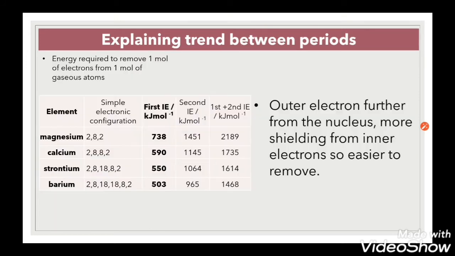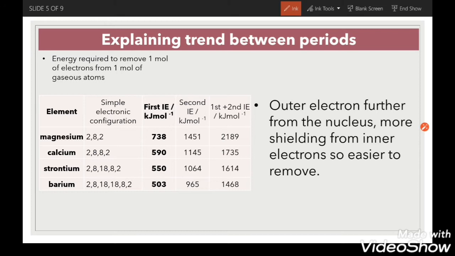So, as explained on the previous slide, the outer electron is further from the nucleus. The 1 electron that we're removing for the first ionization is subject to more shielding the further down the group you go. So in barium, the outer electrons feel the pull of the nucleus so much less.